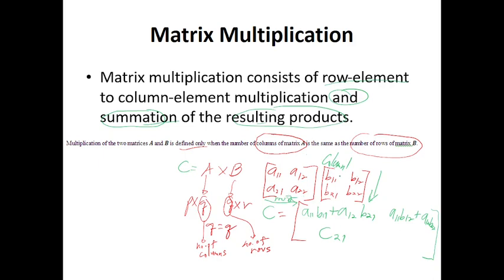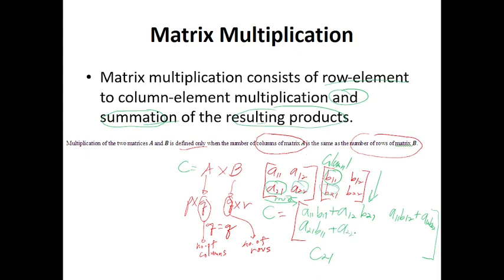Okay, row 2, column 1. Kung ganon, C21, row 2, column 1. So, A21 times B11 plus A22, B21.